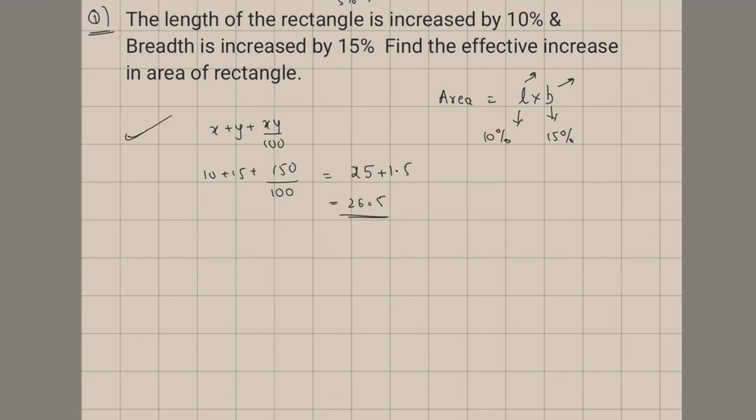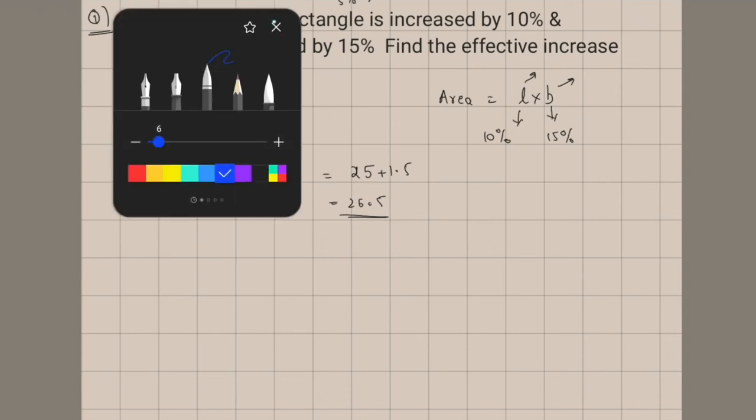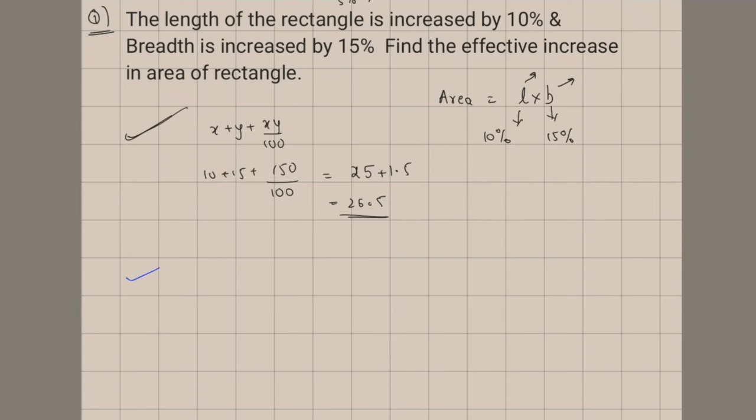So this is the first method, or else you can do the simple way, which is to assume 100. It has increased by 10%, which is 110, again increased by 15%. What is 15% of 110, which is 16.5, which gives 126.5. So the percentage increase is 26.5.